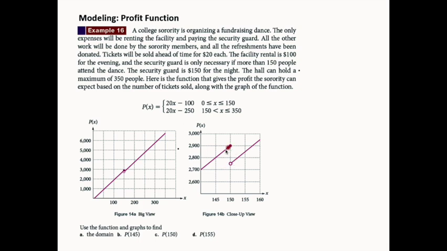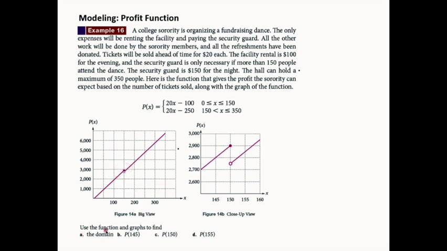The first piece is represented by this part of the graph because we have 150 as a closed circle for this interval. And when we look to see if it passes the vertical line test, it passes through this point, but there's no point here, so it does pass the vertical line test. So this right here is this zoomed in so that you can see what it looks like.